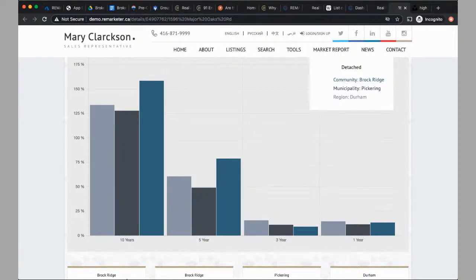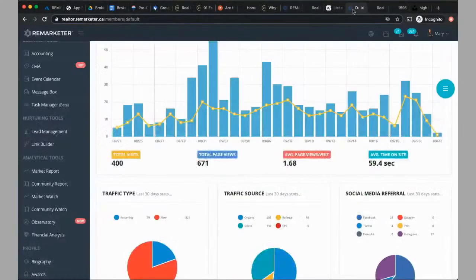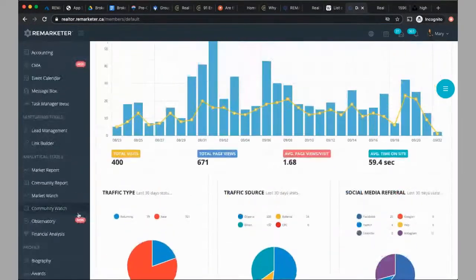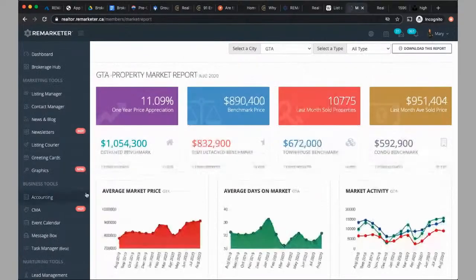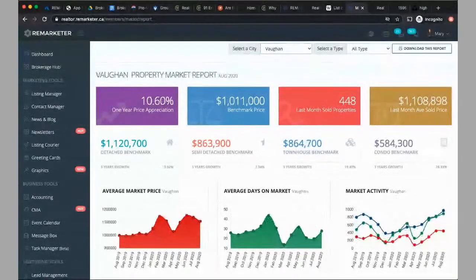All right. After that, we have the backend modules where we have the market report. This is where you can generate market reports for different market areas. So for example, I can select Vaughan at the top here when you want to select the city, and you can pull up the Vaughan market report right there with all the indicators in here.